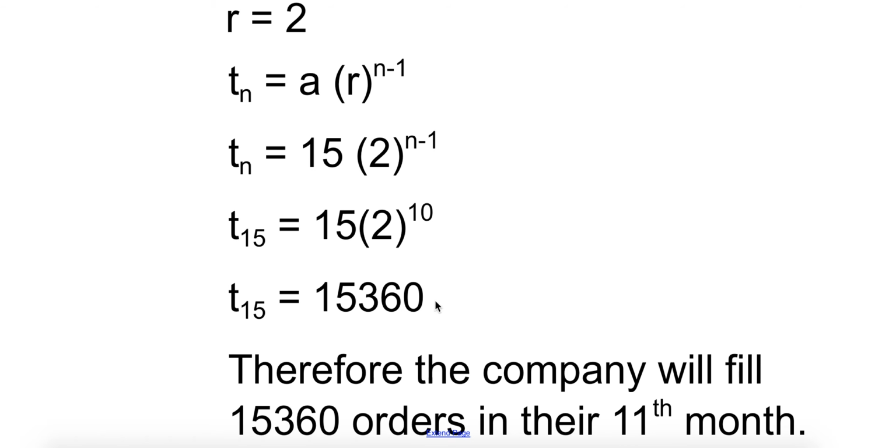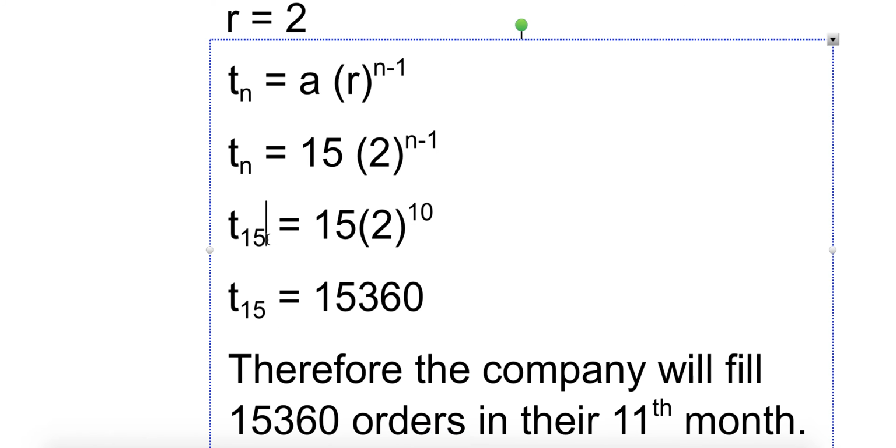But because it says just in the 11th month, we're just subbing in here. Oh, I think it actually said, sorry, the 11th month. I just wrote 15 because I wasn't paying any attention. But in the actual answer here, I used 11 minus 1, which is 10. 2 to the 10 times 15 gives us that as our answer.